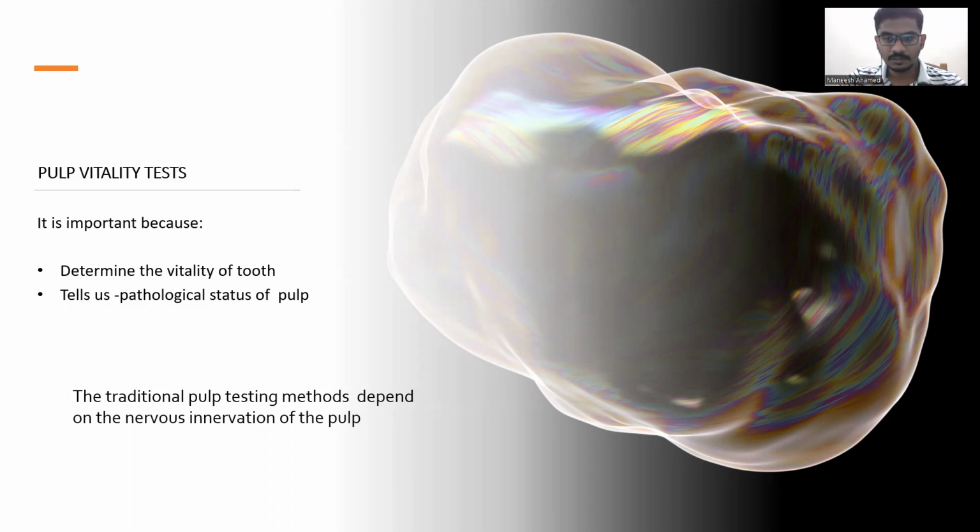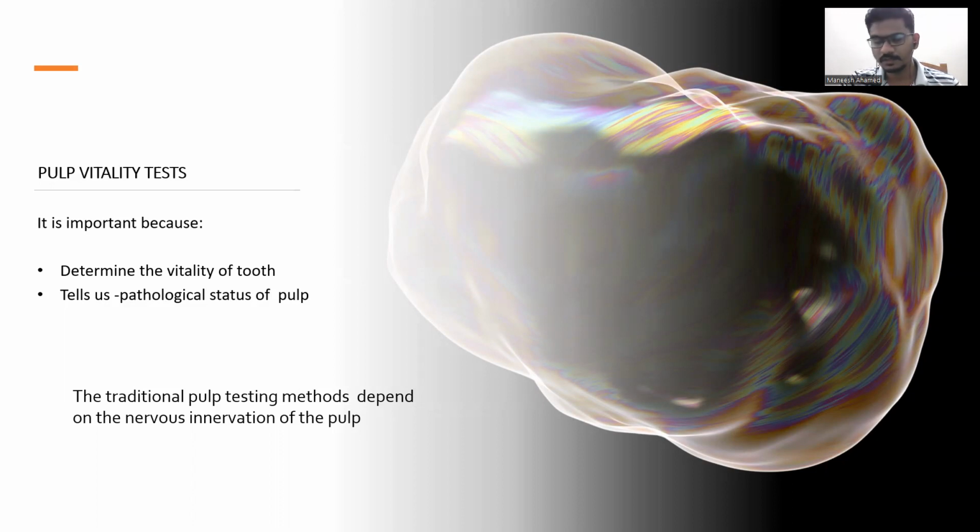Maybe the vital tissue and cells might degenerate first, and only in the last stage, the nerve fibers might die. But still, if we use the traditional methods, it will show a positive response to pulp vitality testing. So this is one of the main disadvantages of traditional pulp testing methods.